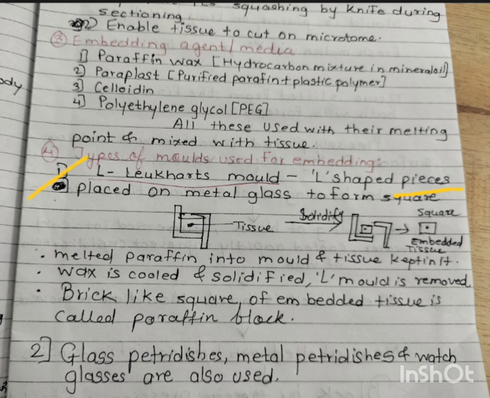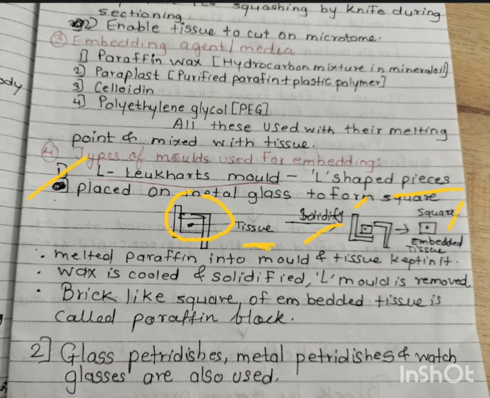You will see here two different L-shaped molds placed against each other, forming one square block, and within this block the tissue is placed. After that, molten agar is poured, and after solidification these two L molds are moved away from each other, and we get the square of embedded tissue.